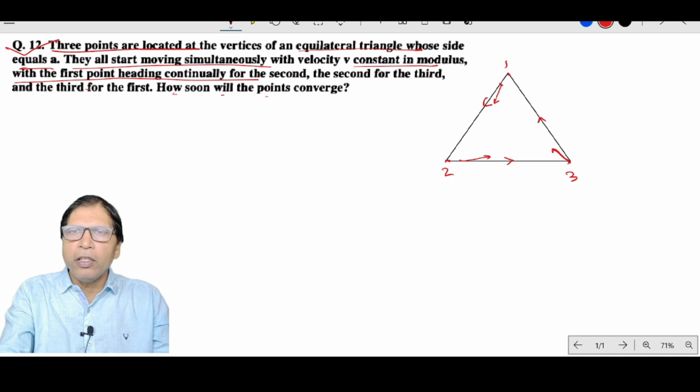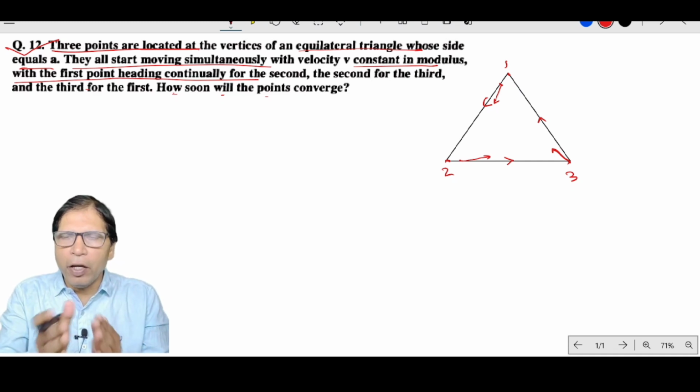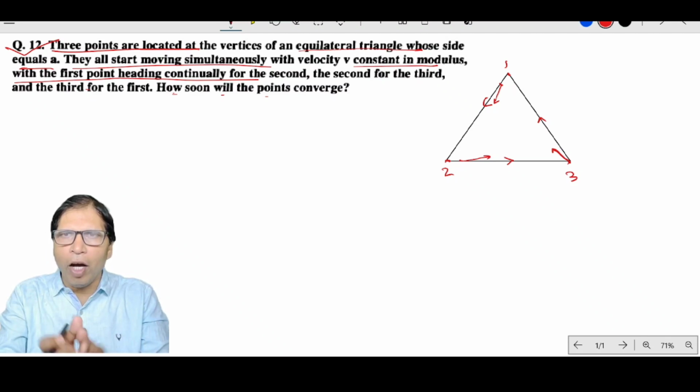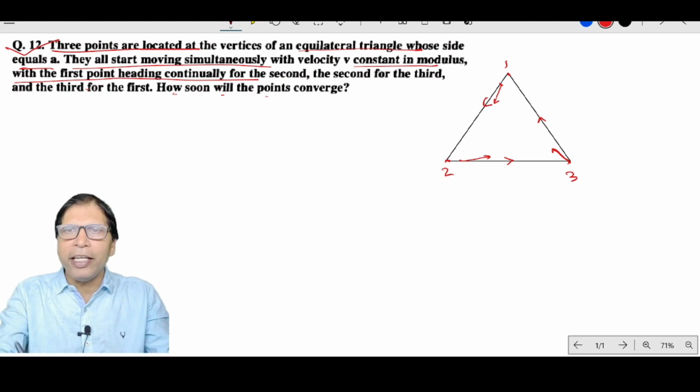So at any instant, they are always the vertices of an equilateral triangle of decreasing side, and finally they converge at the centroid.